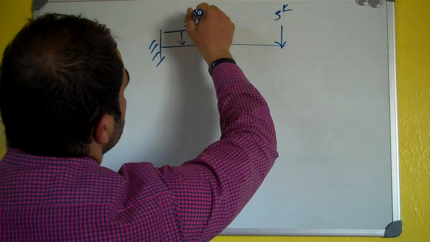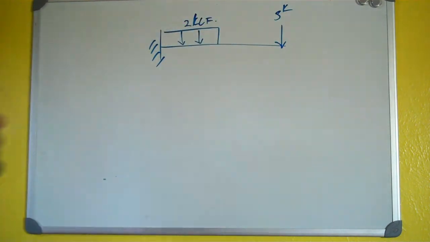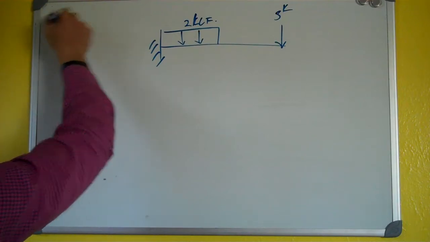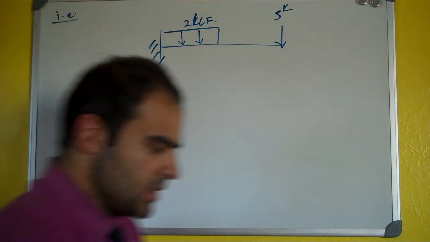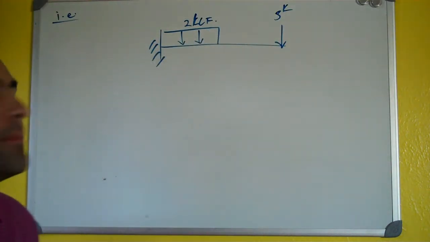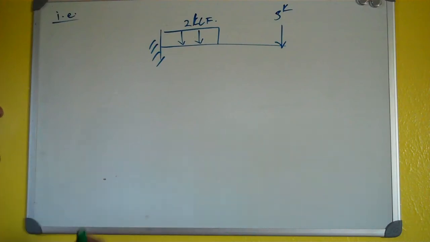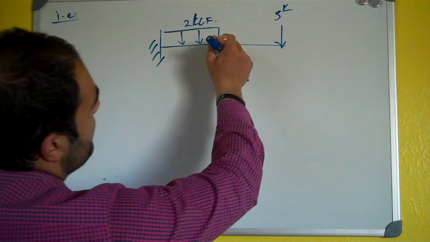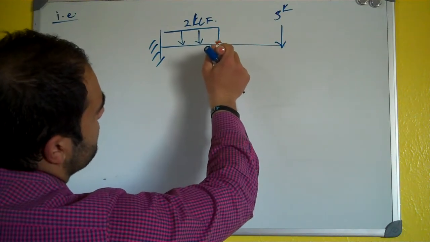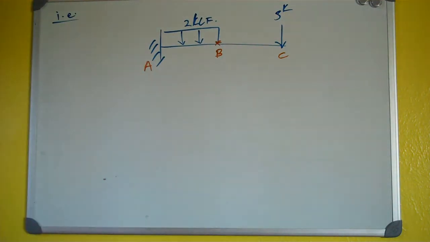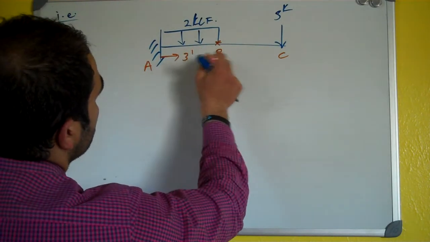It's just K, but it's a funky K. He did not want me to tell his name. He's thinking, what if I want to find this deflection? For example, this is B, this is C, this is A, and that is 3 feet, 3 feet.